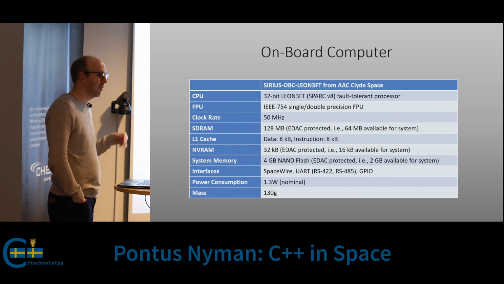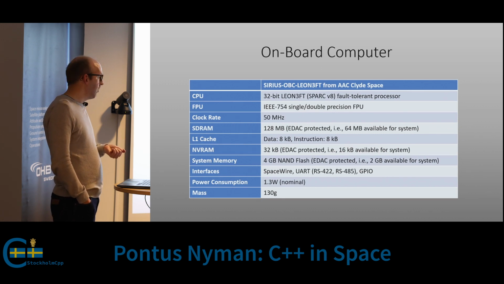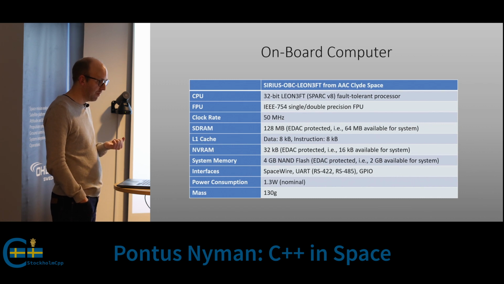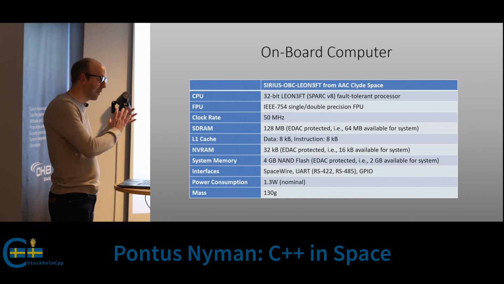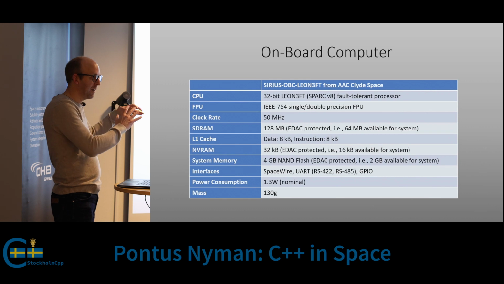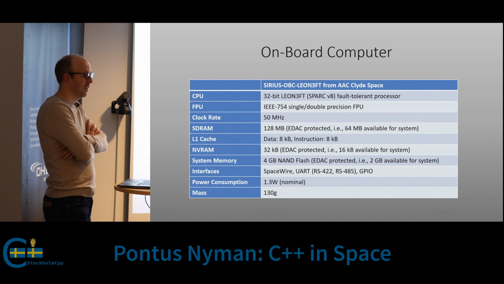You have scrubbing of the RAM all the time, trying to find bit flips, and parity checking on everything. The complete processor is also constructed with something called TMR, triple modular redundancy, a kind of majority voting system. All the important stuff is made 3 times, and then you take the decision with majority voting.